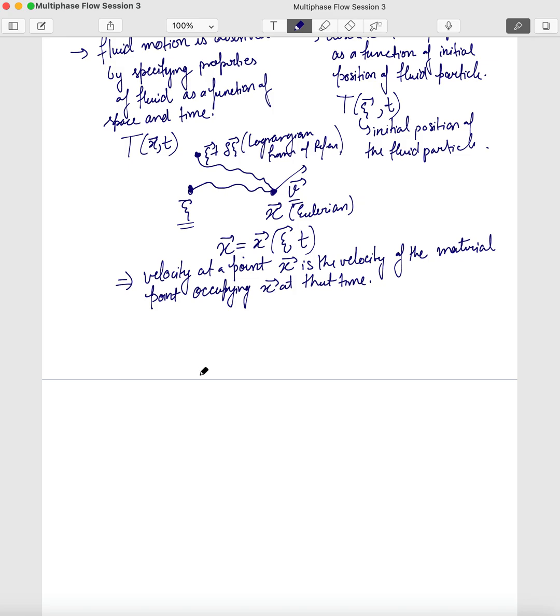So let's say we have some material B in the Eulerian frame of reference, sorry, the material frame of reference, that is material coordinate.